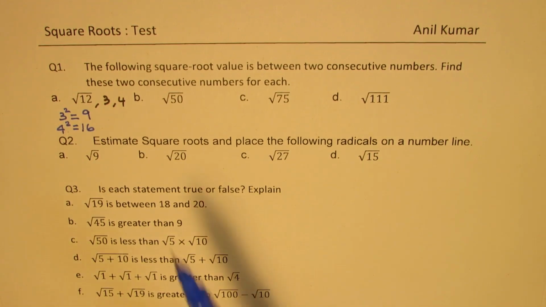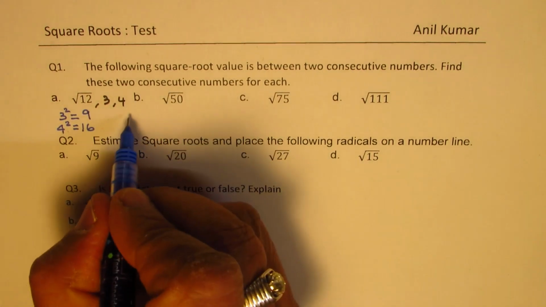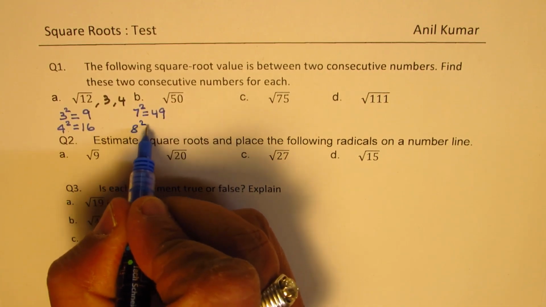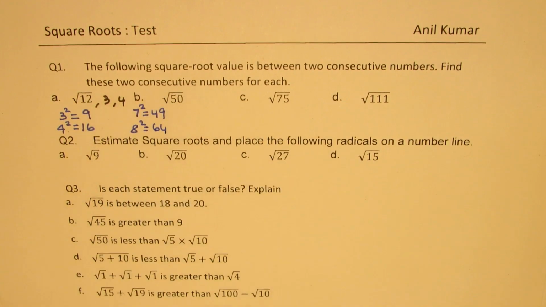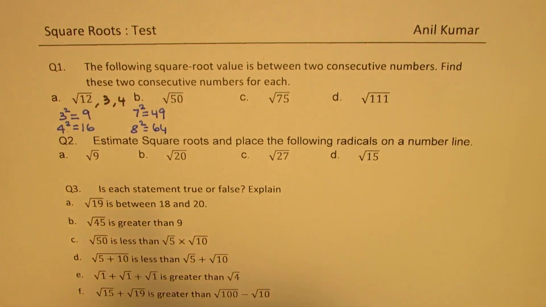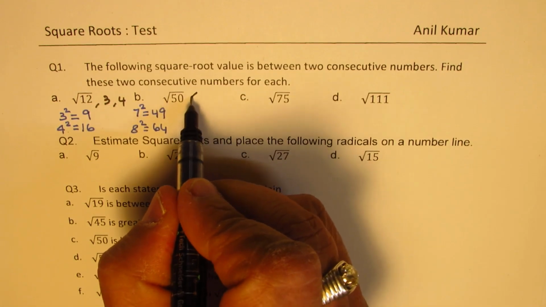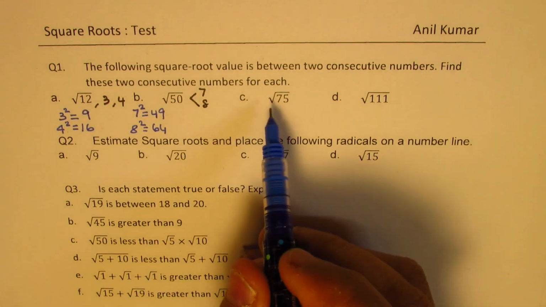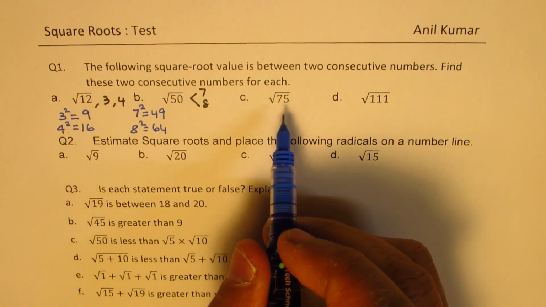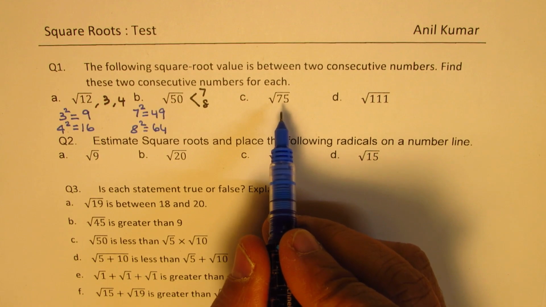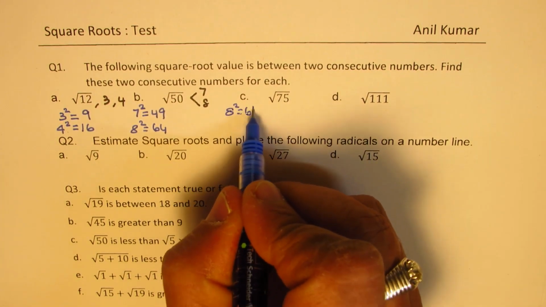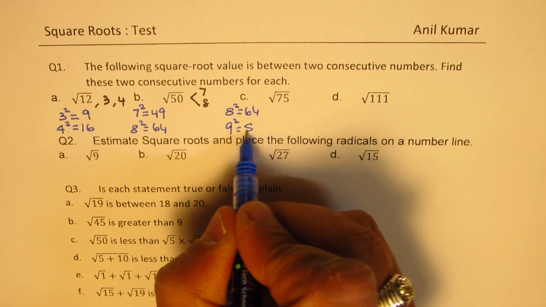Let's do it once again for square root 50. We know that 7 square is 49 and 8 square is 64. Therefore, square root 50 is between 7 and 8, right? Now I think you can do the rest. 75: 8 square is 64, 9 square is 81.